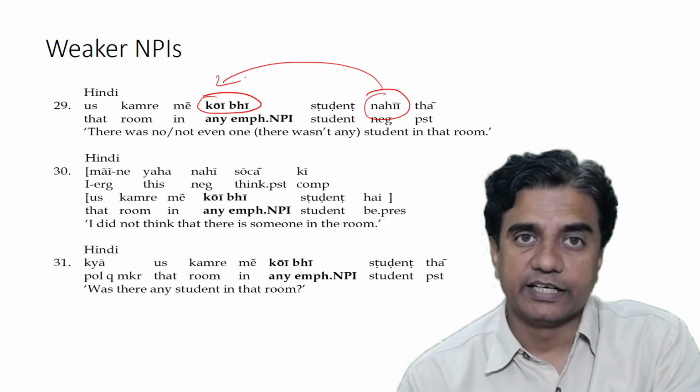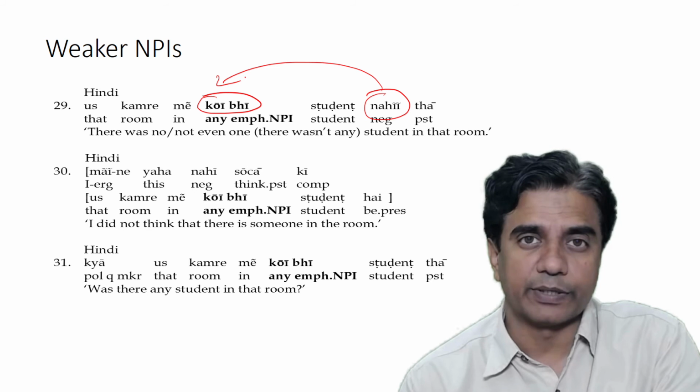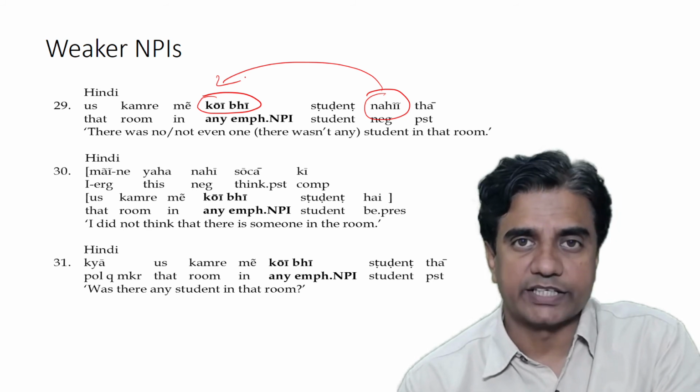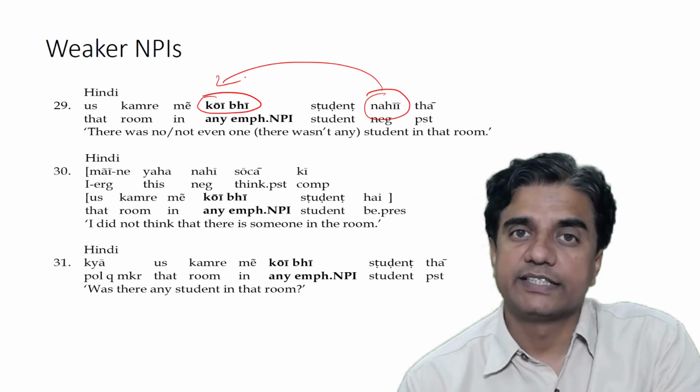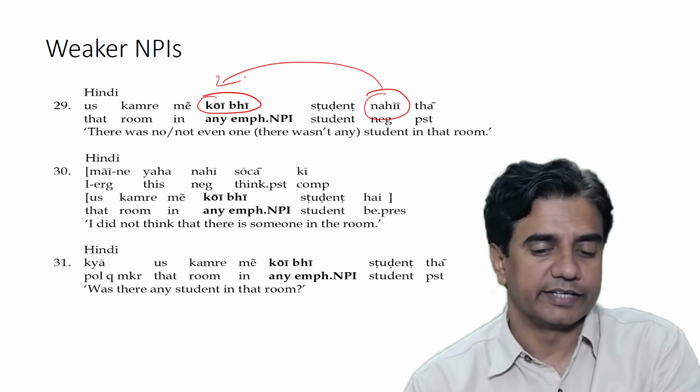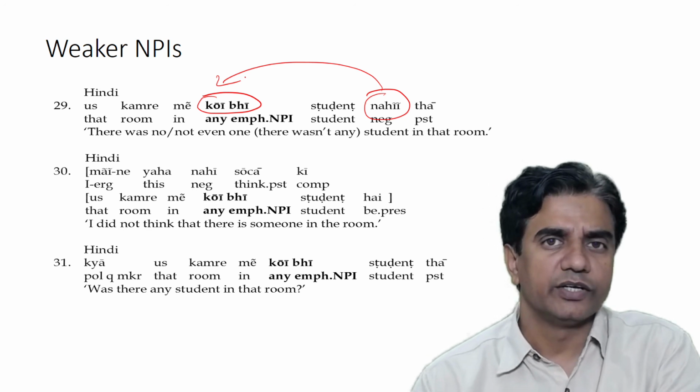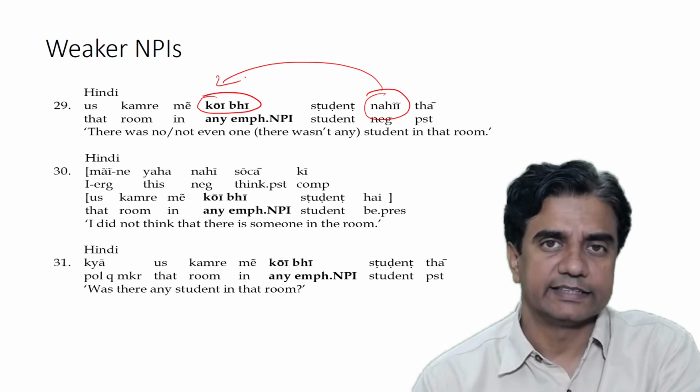Negation licenses a negative polarity item when both of them coexist in the same clause, and negation C-commands the negative polarity item. There is absolutely no difficulty in this sentence.